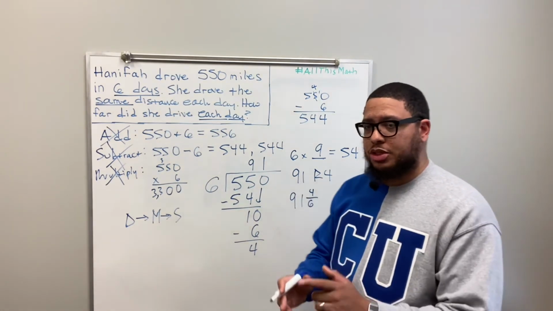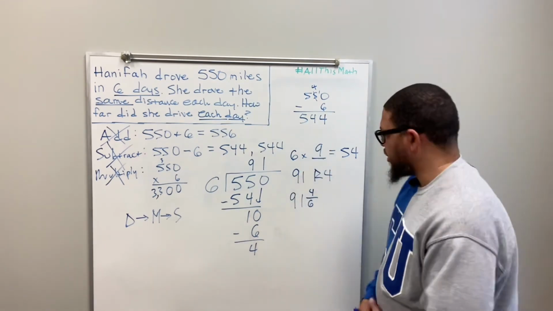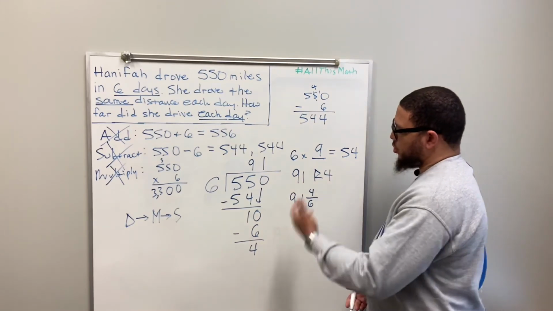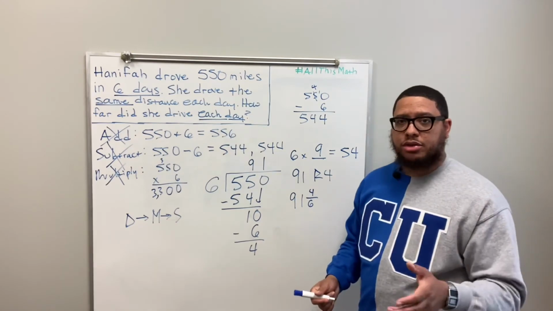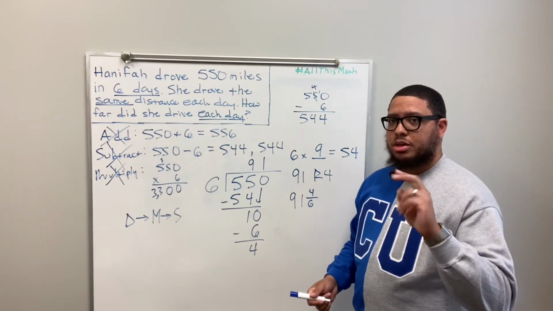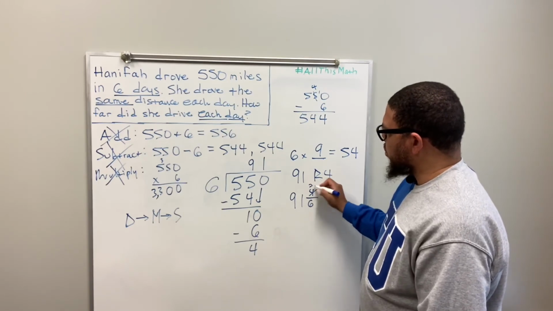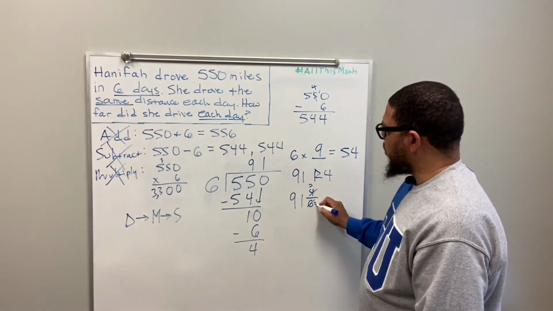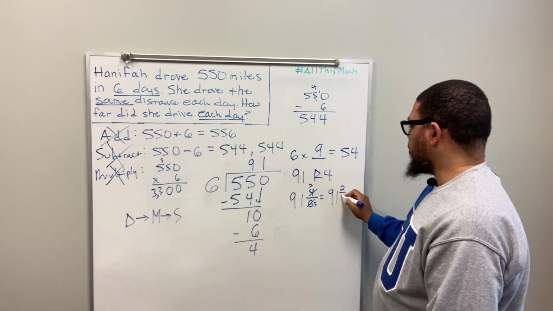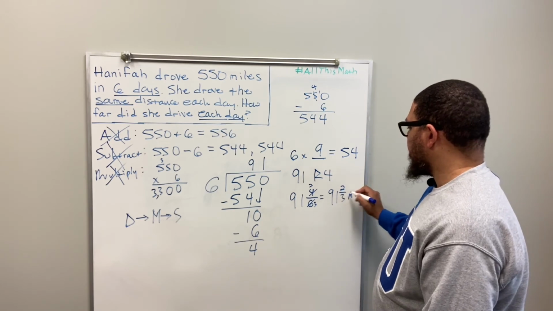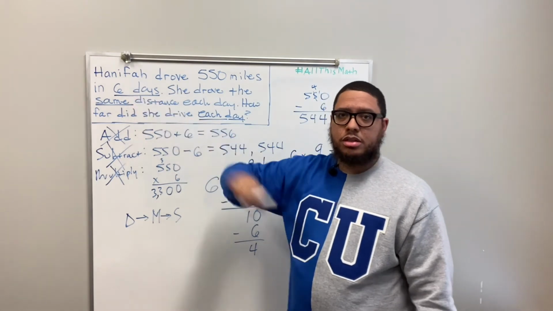But because we should always simplify our fractions, 4/6 can be reduced because 4 and 6 have a common factor, which is 2. So I could divide each of these numbers by 2. 4 divided by 2 gives me 2. 6 divided by 2 gives me 3. So really, Hanifa drove 91 2/3 of a mile for each of those 6 days.